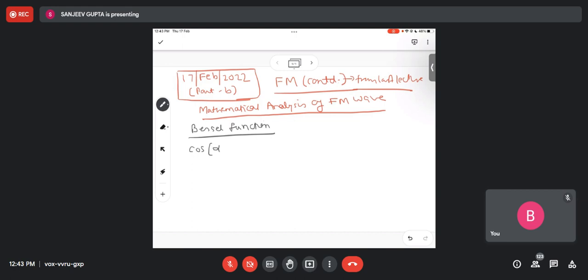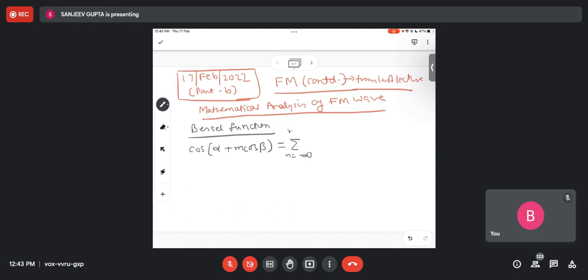It is a function of the form cos of m cos beta, a cos of a cos function, or a sine of a sine function, or a function of another sinusoidal function, unlike cos A cos B. I think you must have done it, but if not, I will just explain it to you.